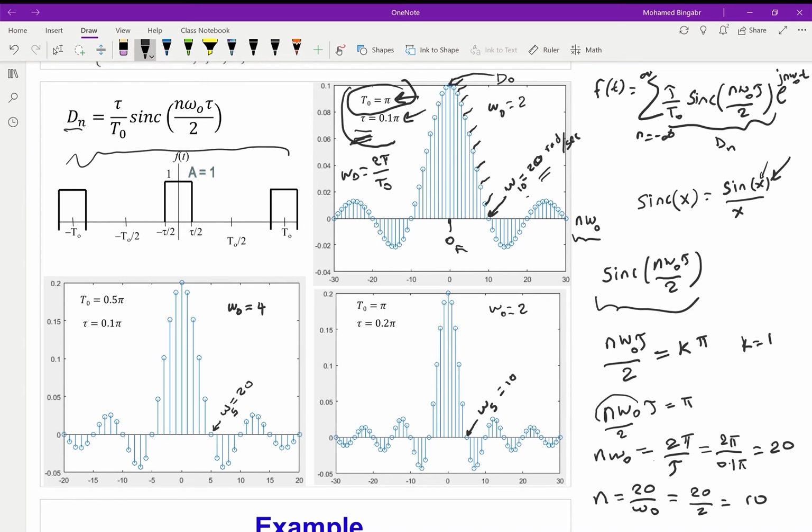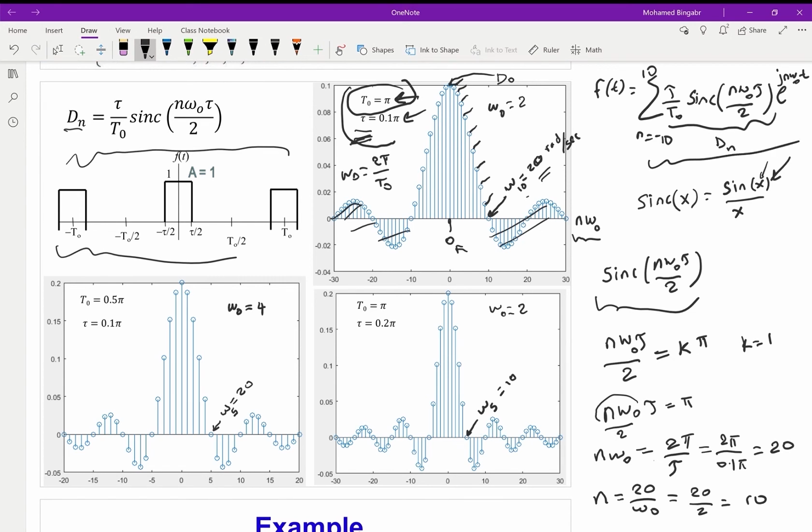And if you delete all these frequency components of this periodic signal, that means I carry out the summation here from minus 10 to 10, and I sum up these terms.